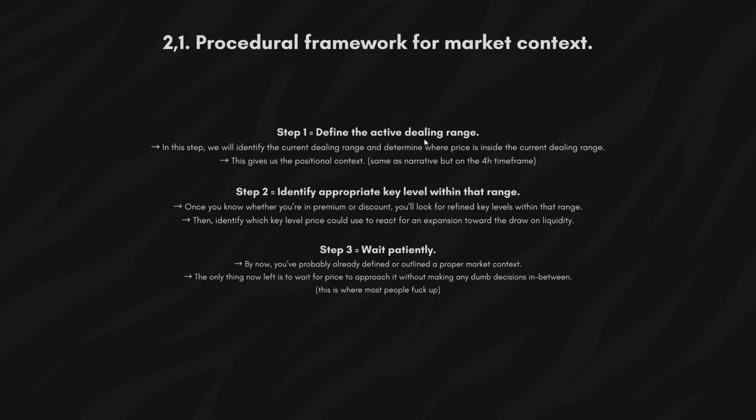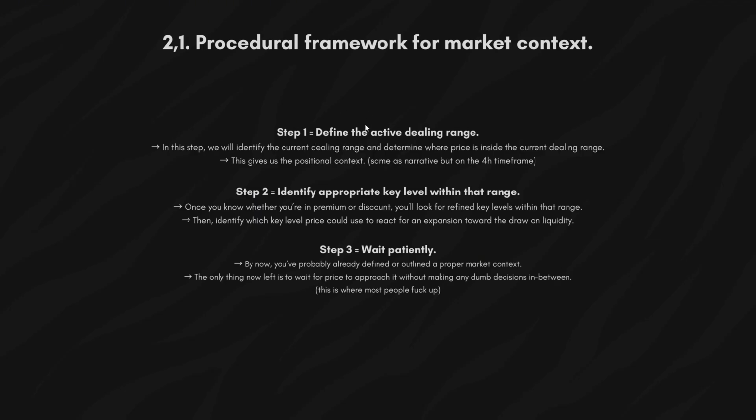It can't be a bullish dealing range because your directional bias is bearish. Similarly, if your directional bias is bullish, then you would have to find a bullish dealing range. So it can't be just a random one. It must be aligned with the higher time frame directional bias.